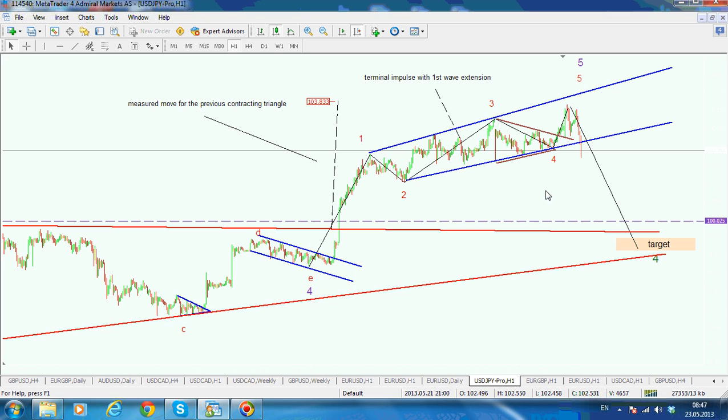And even by the moment of break, when the contracting triangle has been broken to the upside, we tested it and then made that high in the form of a nice, probably impulsive move with 1, 2, 3, 4, 5, and then going to the downside.